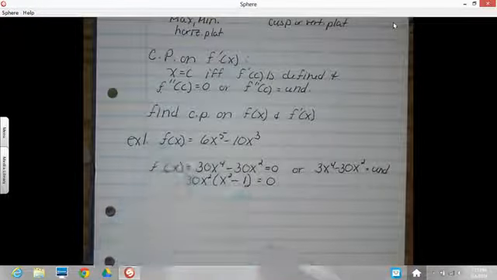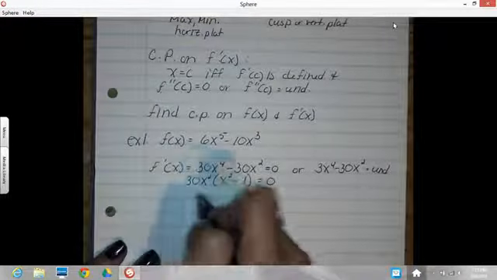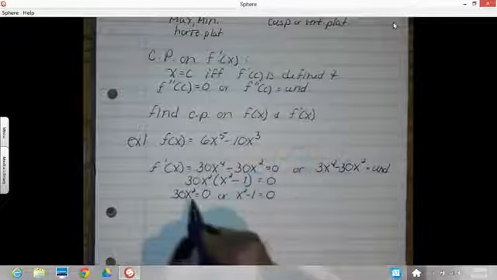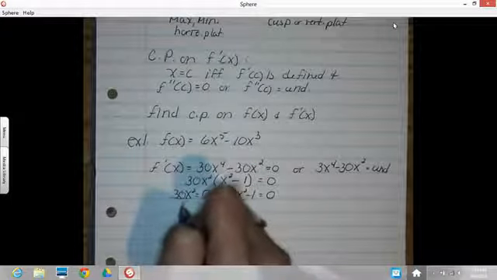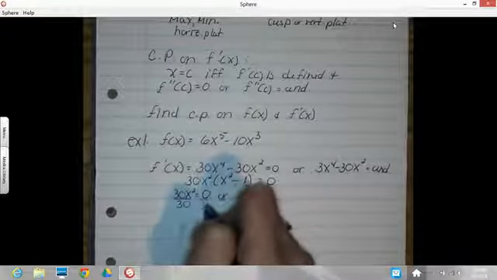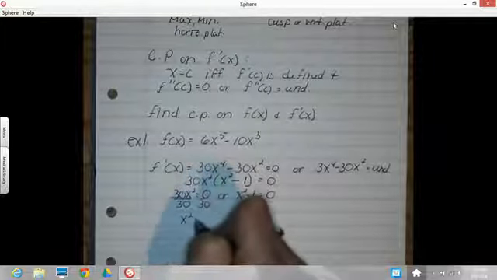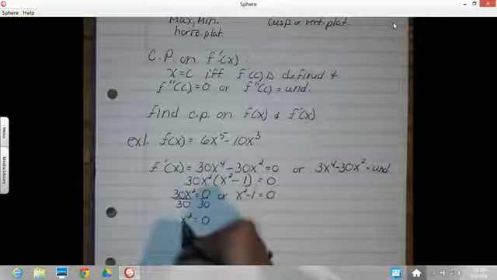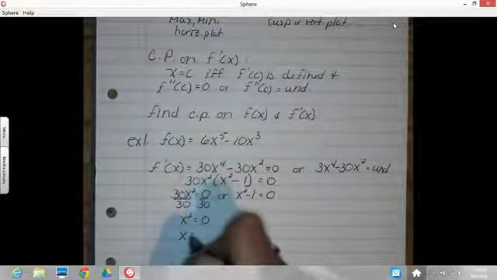So I set those two things up. This is Algebra 1 stuff here. 30x squared has to equal 0, or x squared minus 1 has to equal 0. Well, solving this, divide by 30. X squared equals 0. Take the square root on both sides. X equals 0.